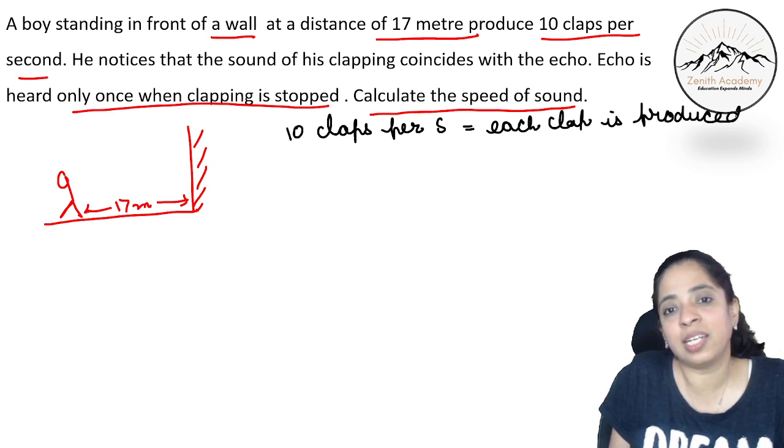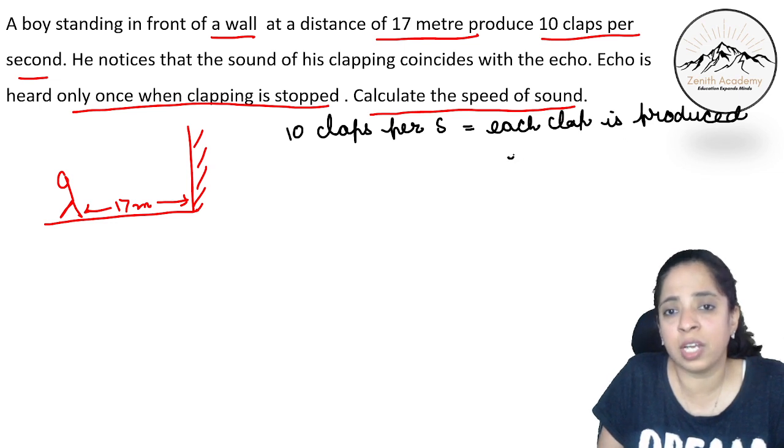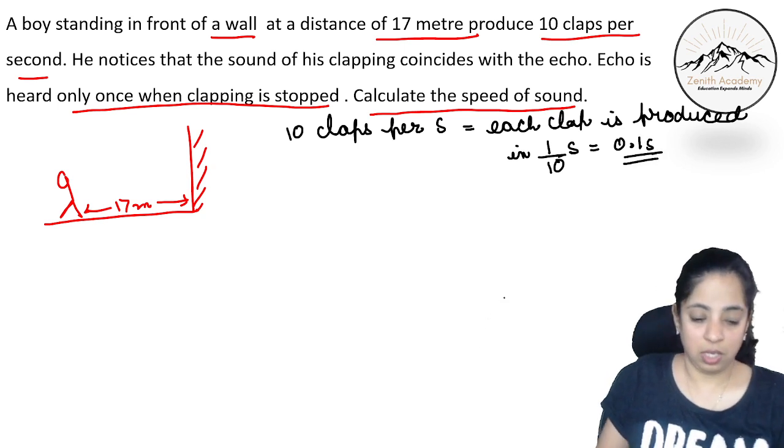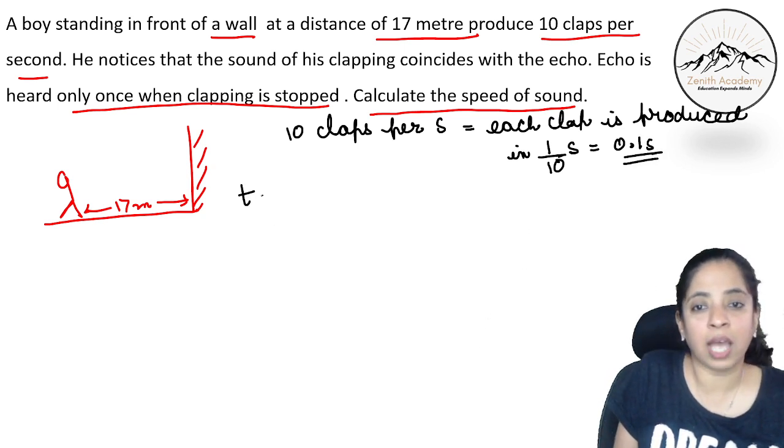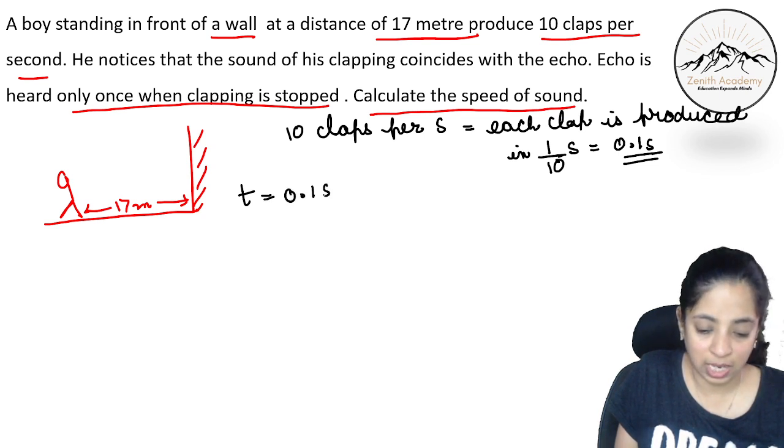In 1 second there are 10 claps, so each clap is produced in 1 by 10 seconds, that is 0.1 second. So now we have got time is equal to 0.1 second.